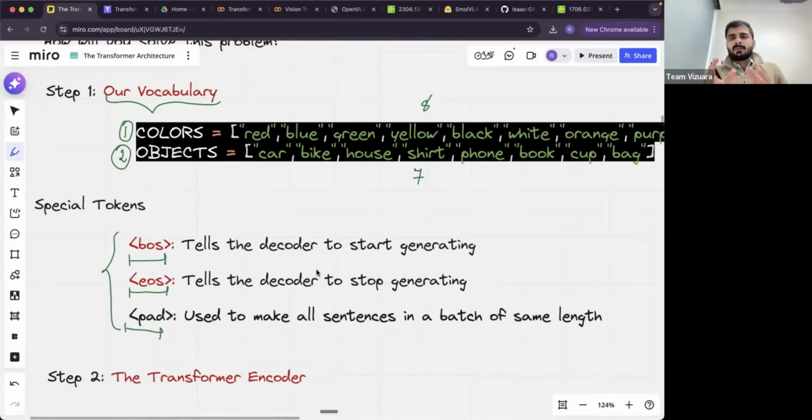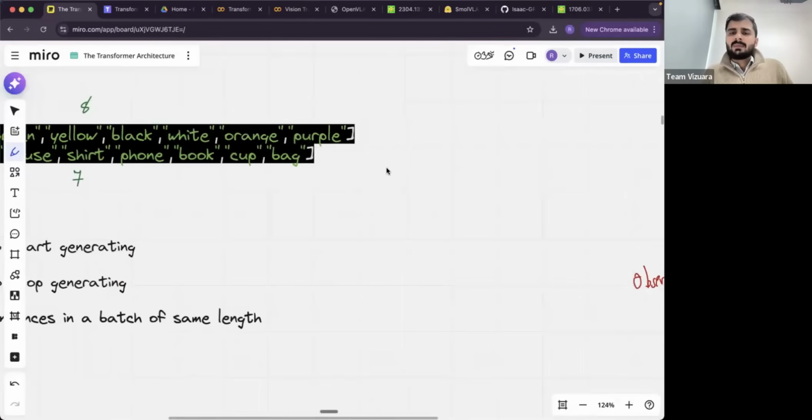Okay, so the transformer architecture, which was introduced in the 2017 paper Attention is All You Need, consisted of two building blocks. The first was the transformer encoder, and the second was the transformer decoder.